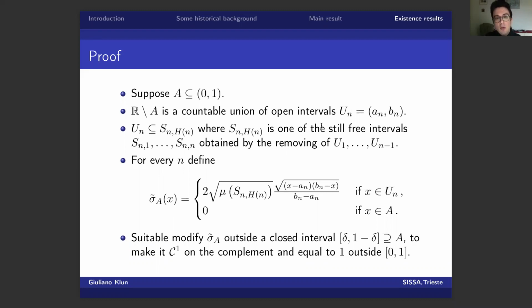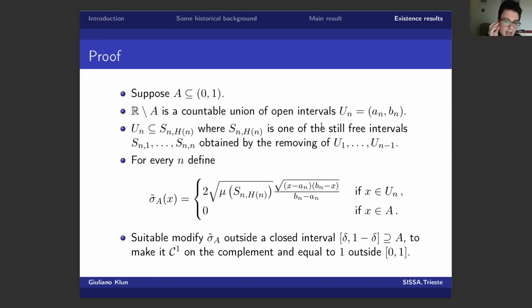Then you construct over U3 another semi-ellipse with horizontal axis equal to U3 and height equal to the square root of the measure of the closed interval containing U3, and so on for every n. So in formulas, this is the result on every U_n.